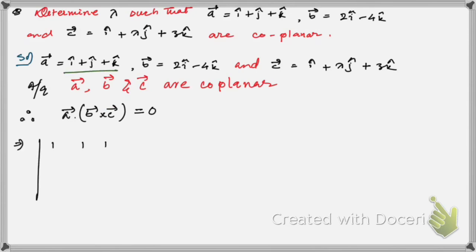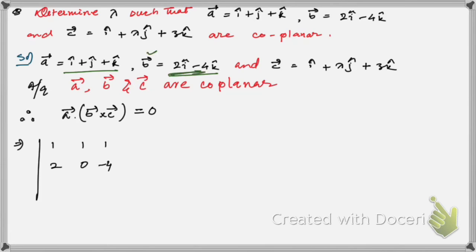So now we know how to find the scalar triple product A dot B cross C using determinants. From this A vector we will get A1, A2, A3 is 1, 1, 1. Then B1, B2, B3, here you will get 2, 0, minus 4.